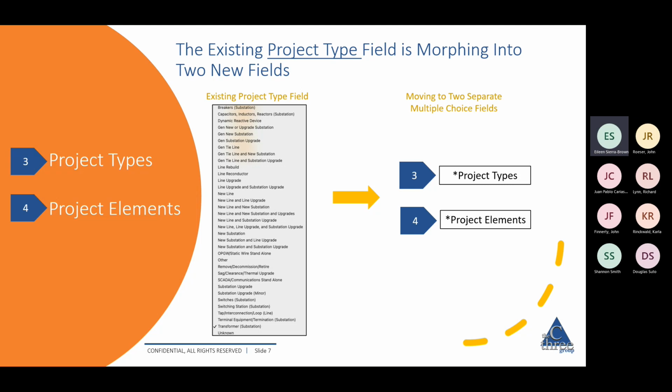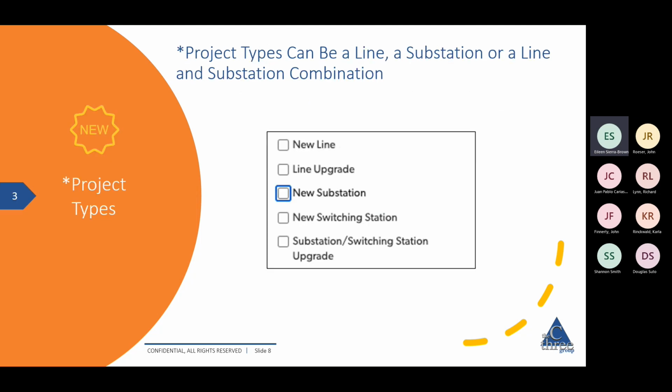We're looking at projects and saying that they could be fundamentally one or all of these 5 project types included in a project profile. It could be a new line, a line upgrade, a new substation, a new switching station, or a substation switching station upgrade.